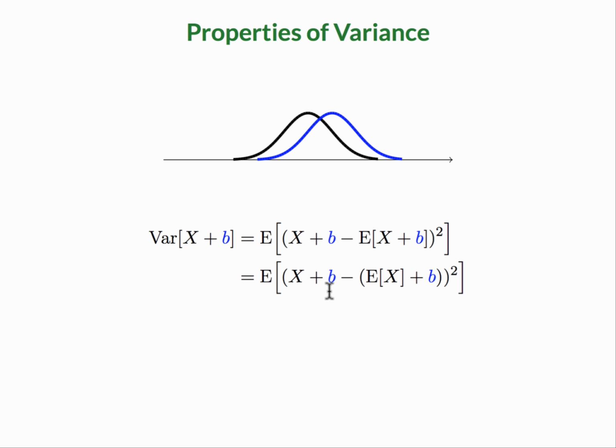Now I have a plus b, and when I distribute this negative sign, a minus b, and they cancel each other out, which leaves me with just the expected value of x minus E of x all squared, which is just the definition of the variance of the random variable x that I started with. So we see that the variance does not change when you add a constant b to a random variable.